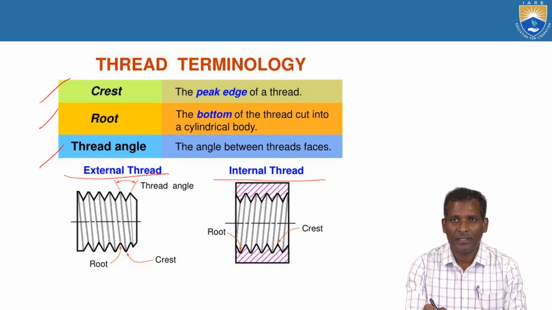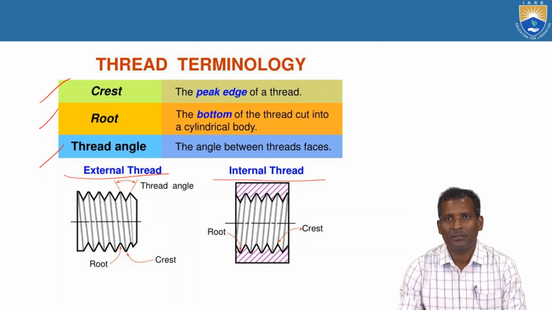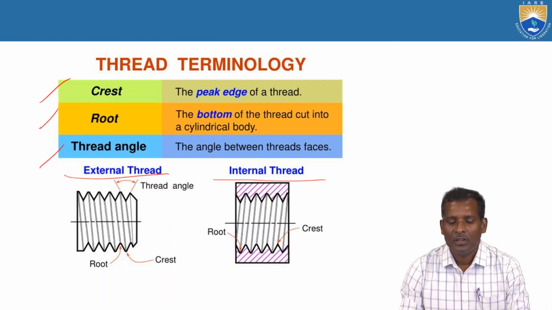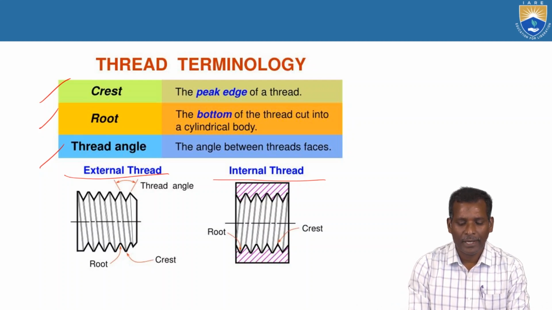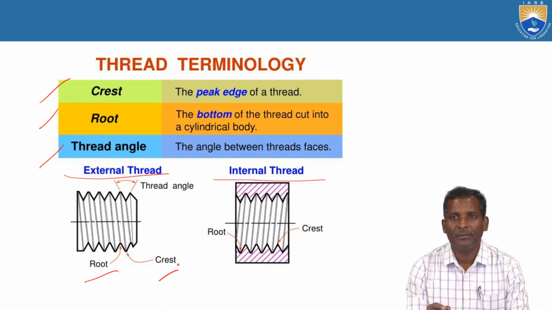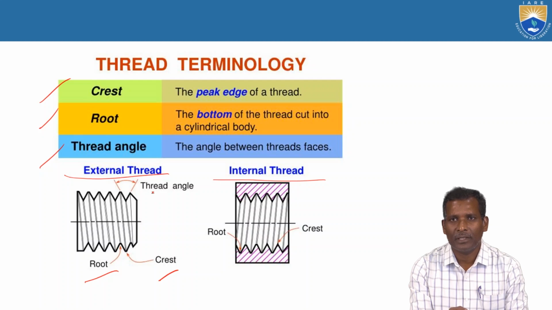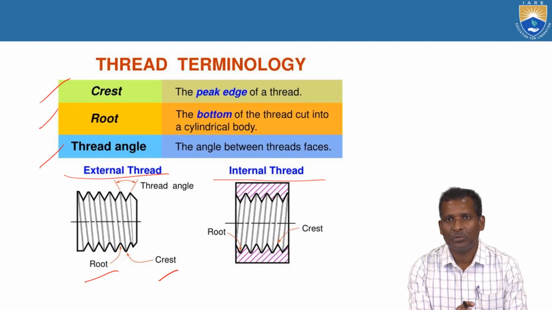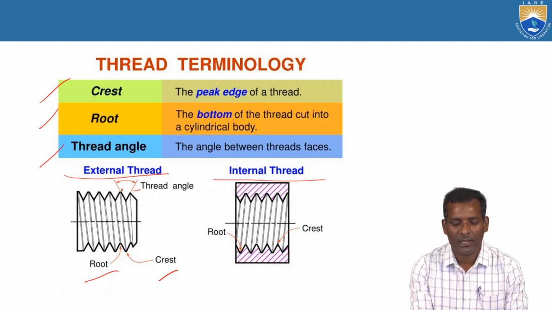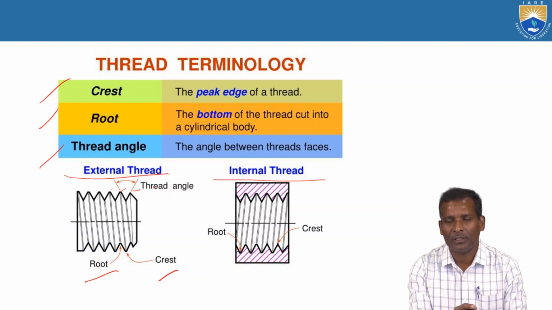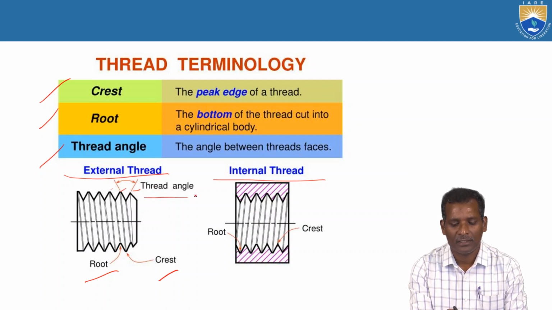Here the thread portion is cut internally, an internal threaded screw. Here root, crest and thread angle are shown. This is the angle between two threads. This is one thread, 1, 2, 3, 4, 5 like this. What is the angle between one thread and another adjacent thread? This angle is called the thread angle, the included thread angle.